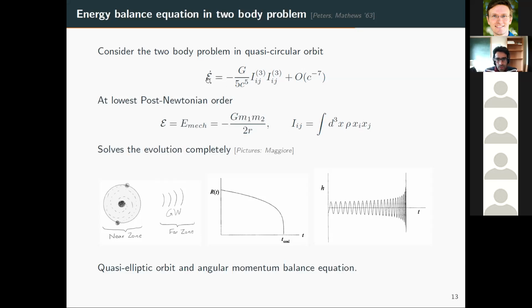And then you can solve this first order differential equation, and solving this equation completely gives the evolution of this system.